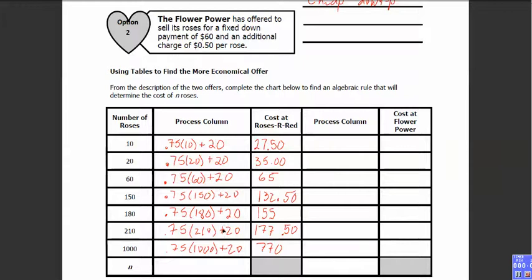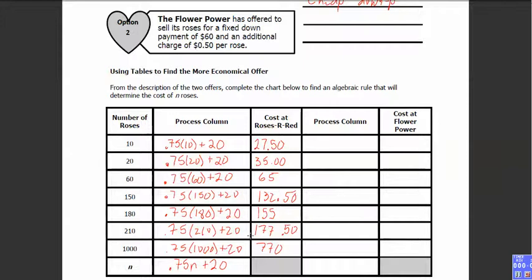Well, if you look at the pattern here, you do the same thing every single time. You multiply the number of roses by 0.75, and then you add 20. And so therefore, you should be able to say, okay, well, let's just take 0.75, multiply by however many roses there are, and then add 20.